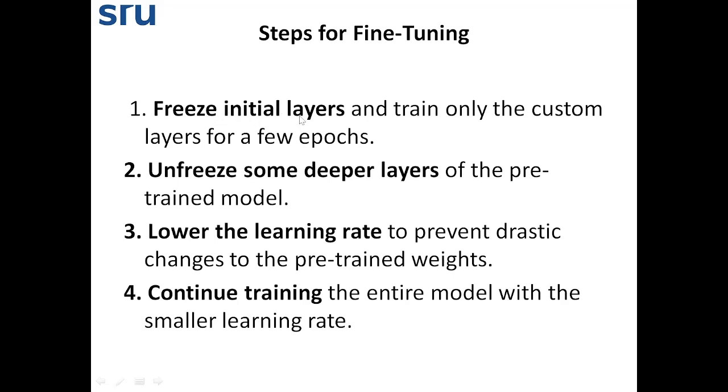Freeze initial layers and train only the custom layers for a few epochs. Then unfreeze some deeper layers of the pre-trained model. Third step, lower the learning rate to prevent drastic changes to the pre-trained weights. Continue training the entire model with a smaller learning rate.